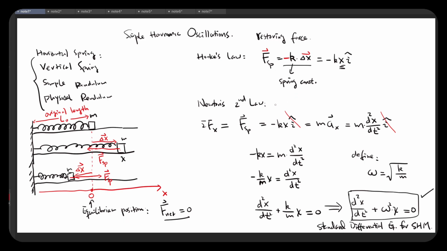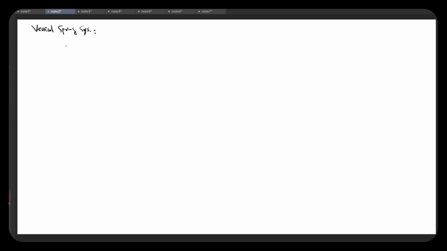So we're going to do the same thing for the vertical spring system. Let's first think about the equilibrium position for the vertical spring: we need to find the position where the net force equals 0, and we'll set that as the equilibrium position.